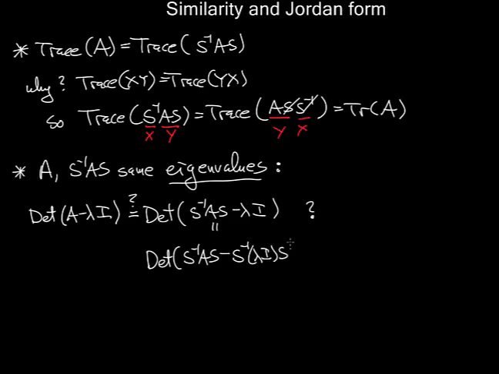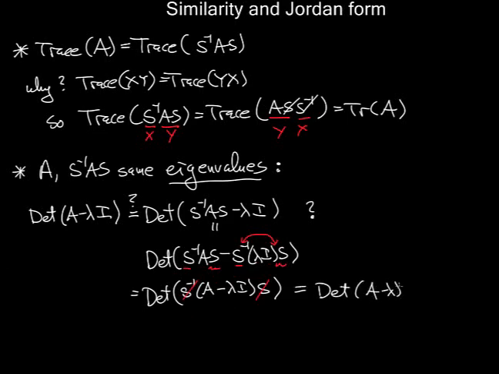Well, for S inverse AS minus lambda I, I'm going to put an S inverse and S on both sides of this lambda I. They cancel, so that's not really changing anything. And now I'm going to observe that you can pull the S inverse out on the left and the S on the right, and now they really cancel. And so you see that these two determinants really are the same, so they have exactly the same eigenvalues.